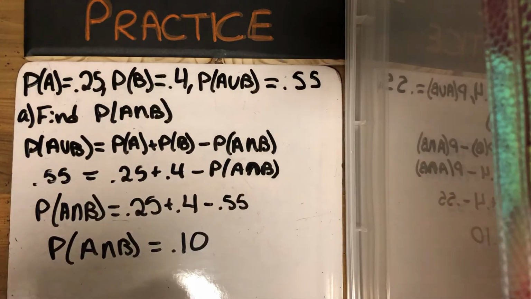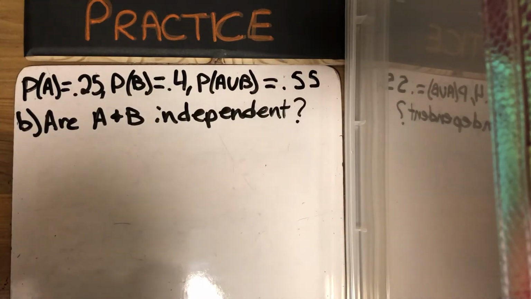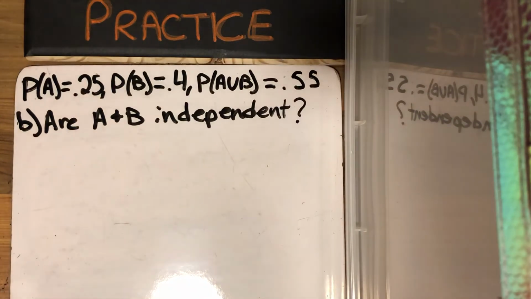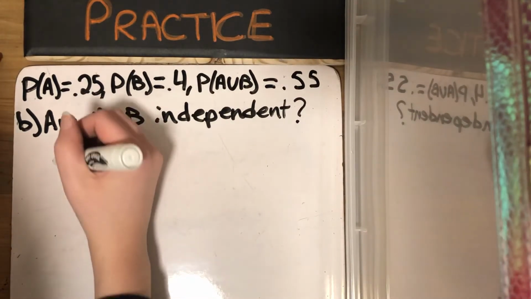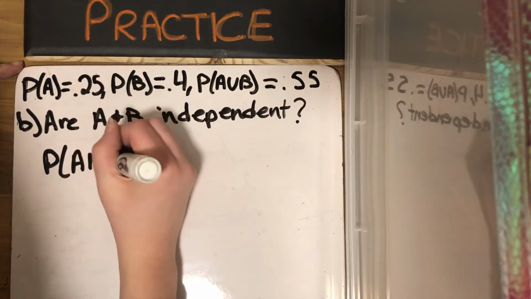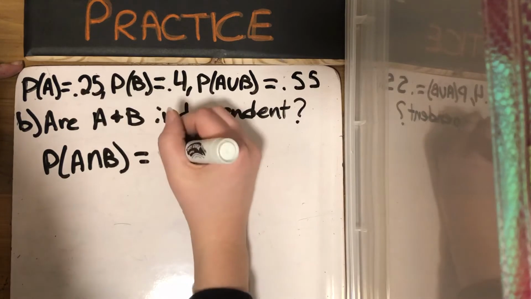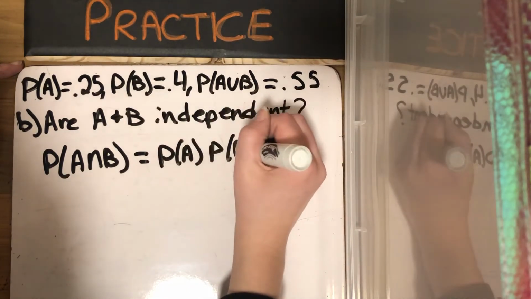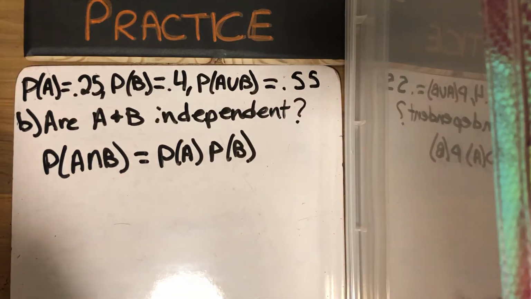That is the answer for part A. Part B is asking are A and B independent events, and for that we use the independent events formula. Right here, and then we can start plugging in some information.